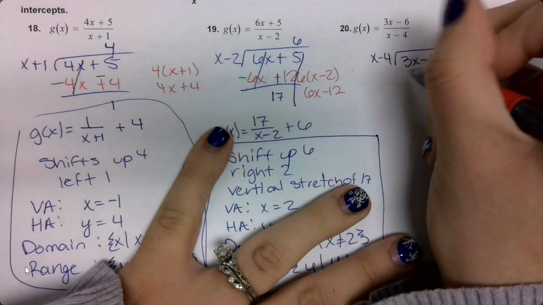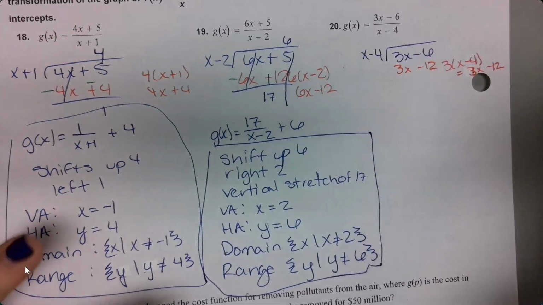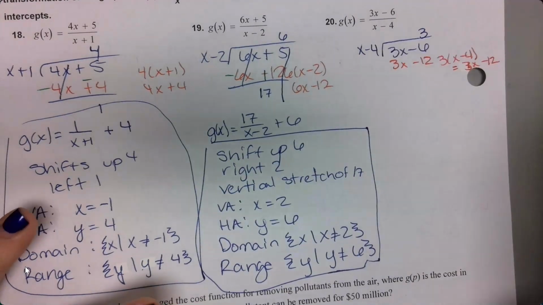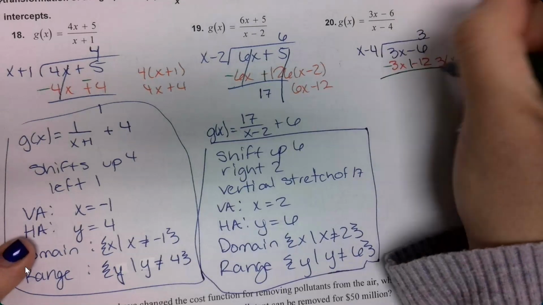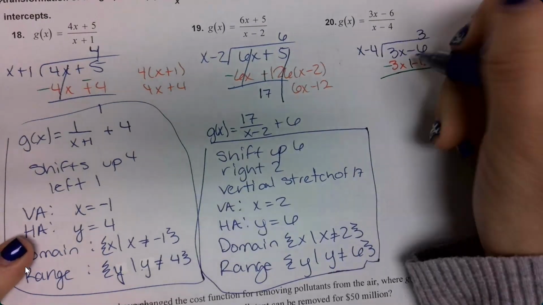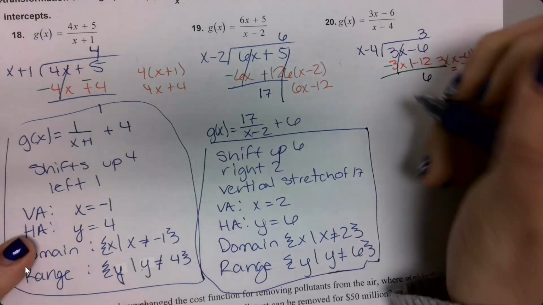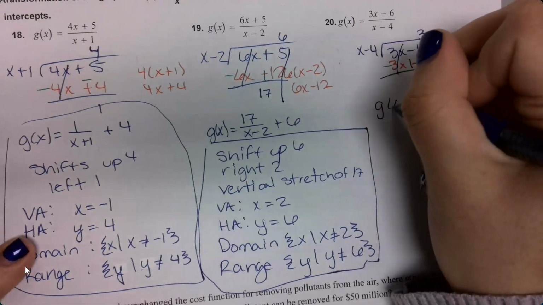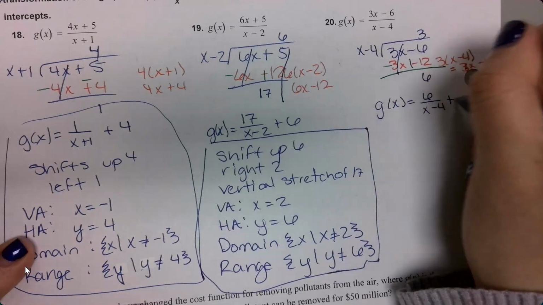So then I'm going to write this under here, and then I'm going to write 3 up above. I am going to change my signs. So the 3x's cancel out. -6 plus 12 gives me 6. So I am going to rewrite this with the remainder first. I have 6 over x minus 4 plus 3.